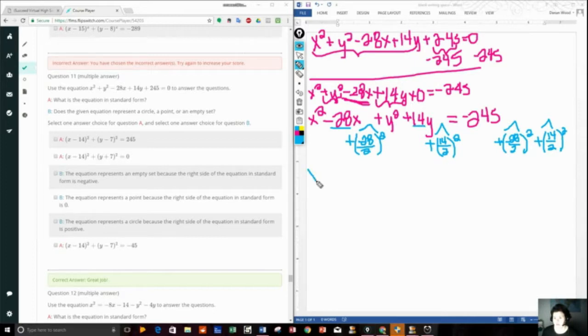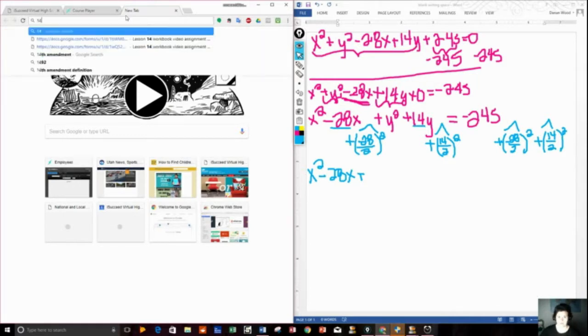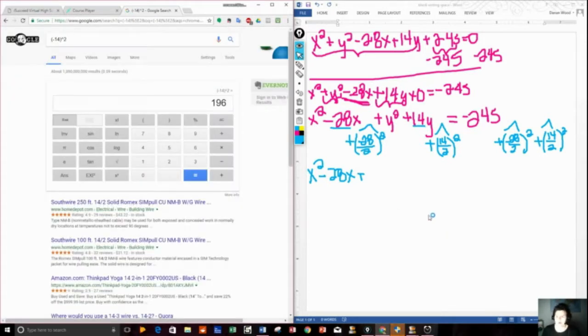Okay, so then we have x squared minus 28x plus negative 28 divided by 2 is negative 14. Negative 14 squared, I want to say is like 244. So we would type in parentheses negative 14 parentheses caret 2. 196.